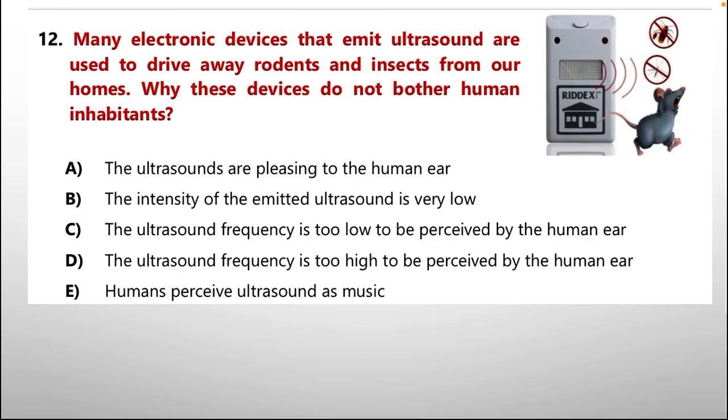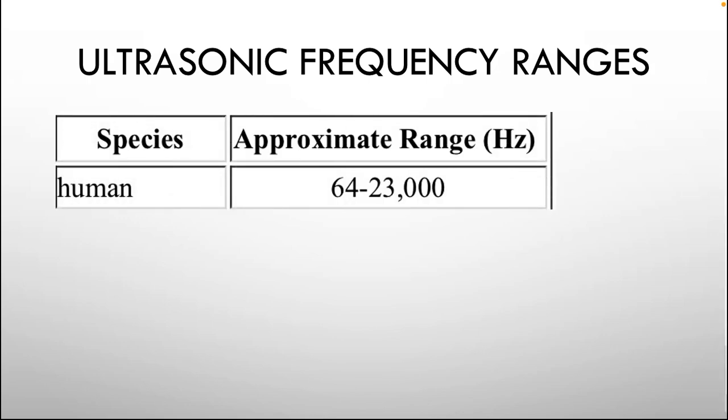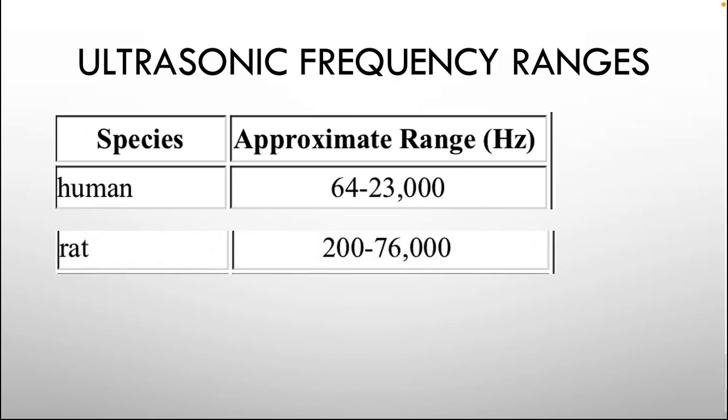Let us check what sound waves are and what the frequency ranges are. Ultrasonic frequency ranges: humans have a 64 to 23,000 hertz frequency range. However, a rat has a 200 to 76,000 frequency range.